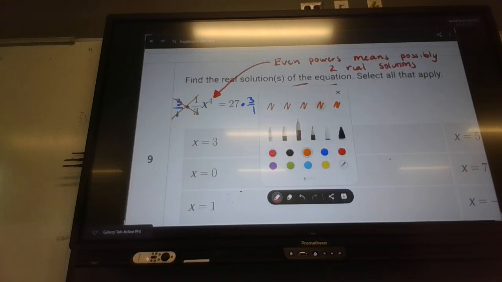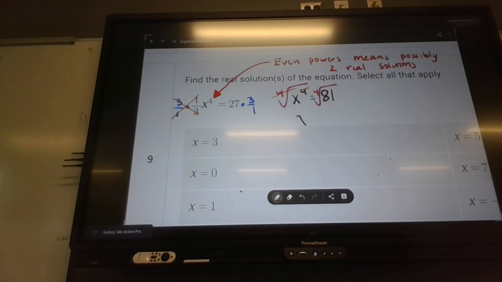They cancel each other out. So cancel, cancel. And now I have to remember that I'm using a plus or minus sign when I do a fourth root. And I'm not square rooting 81, I'm fourth rooting 81. Up here there's a list of 3 to the 4th, 2 to the 4th, and 3 to the 4th is 81. So this is plus and minus 3. Number 9, 2 answers, positive and negative 3.